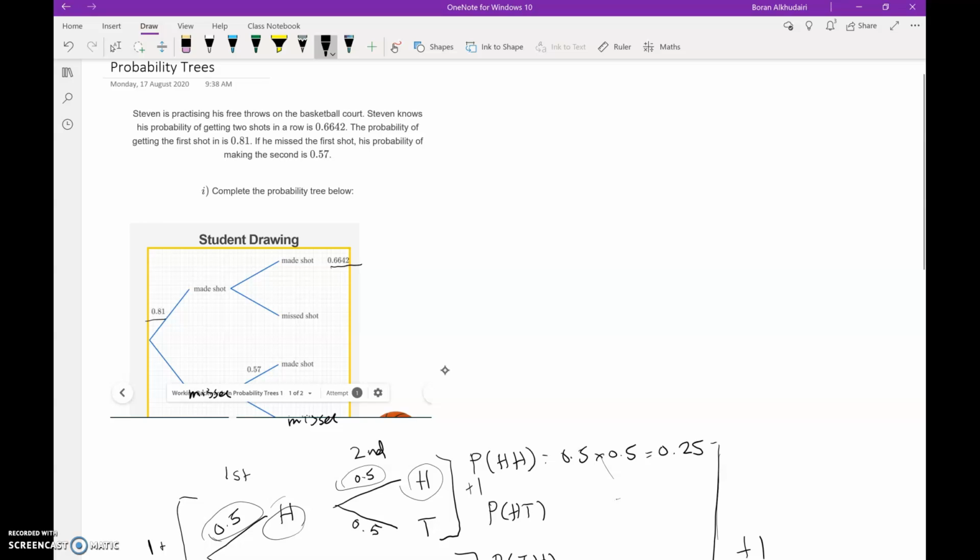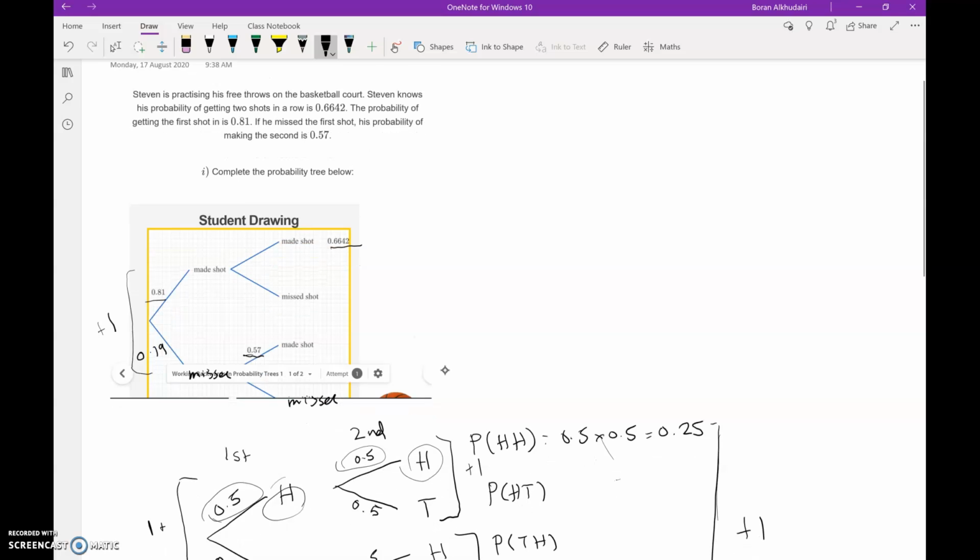So we have quite a bit of information that we can figure out using the rules I just told you about. The most obvious one is that this has to equal 1. So we do 1 minus 0.81, which gives us 0.19, because they both have to add up to 1.